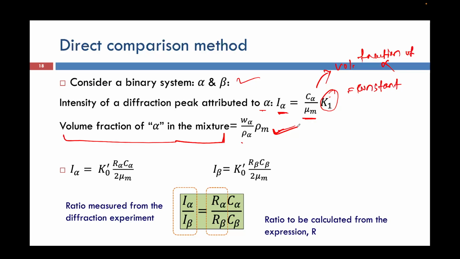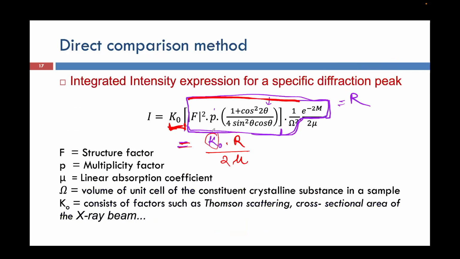If I put both into my expression, I get I alpha equal to K, the constant being K naught dash, and I beta will be something similar. These two terms, K naught and 2 mu, did not change, because they are associated with the bulk, the total sample.